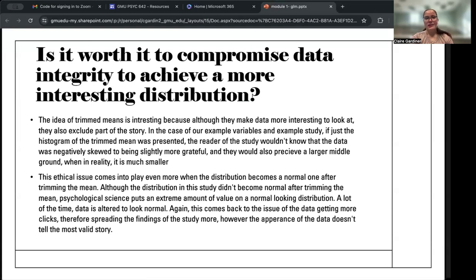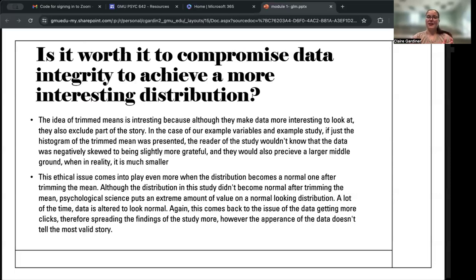So the idea of a trimmed mean is interesting because although it makes the data more interesting to look at, it also excludes part of the story. In the case of our example study, if the histogram of the trimmed mean was presented, the reader of the study wouldn't know that the data was negatively skewed toward being slightly more grateful. And they also would perceive a larger middle ground when in reality it is much smaller.